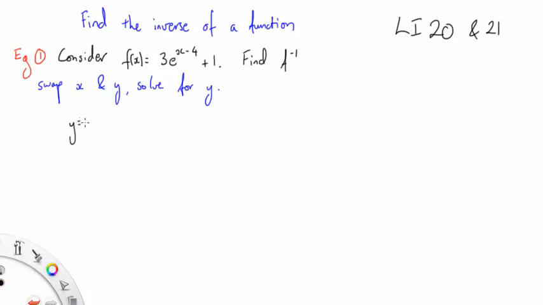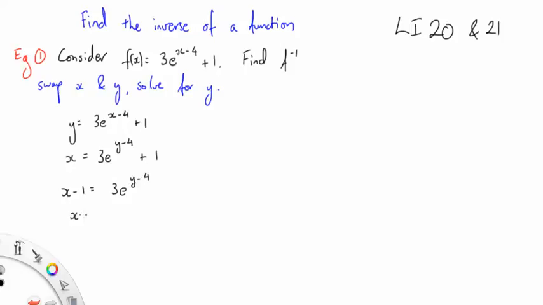So here you have y equals 3e to the x minus 4 plus 1. So you swap x and y like that, and then you solve for y. So let's use our algebra. So that's x minus 1 equals 3e to the power of y minus 4.